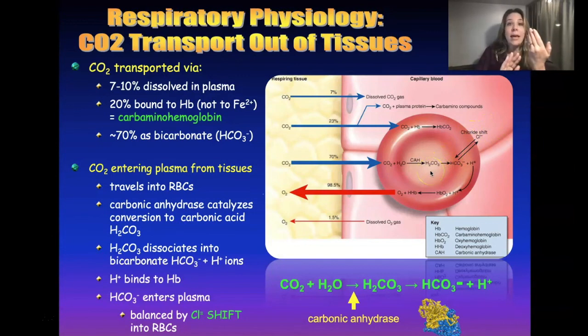So they're coming in while the bicarbonate ions are going out. So it's kind of balancing that negative charge that we would be putting out if it was only the bicarbonate. So it's going to kind of neutralize that. That process of the chloride ions coming into the red blood cells while the bicarbonate goes out, that is called a chloride shift. And that chloride shift of shifting chloride ions into the red blood cell while the bicarbonate ions go out is going to help to maintain the correct pH in the blood plasma.